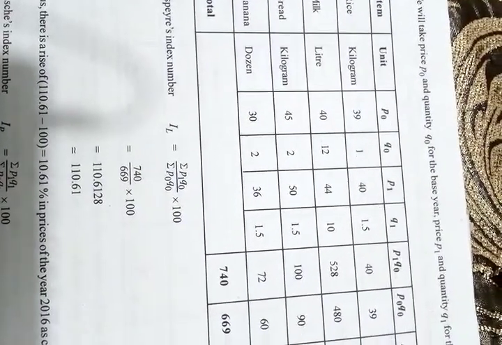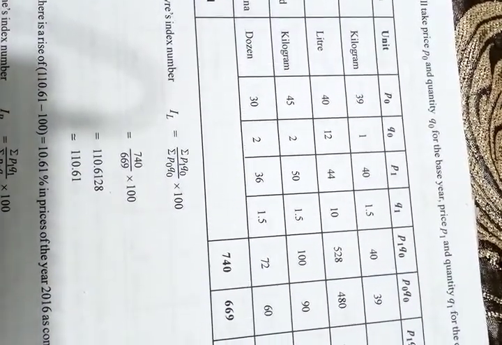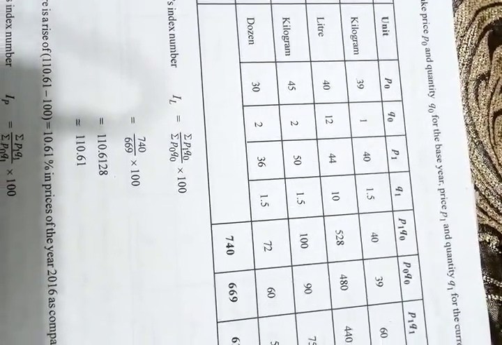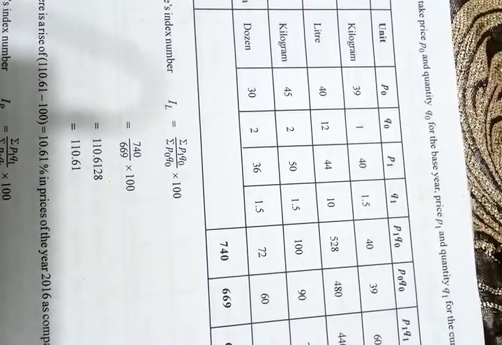Now the Laspeyres formula, IL is equal to, as we have seen, sigma P1 Q0 upon sigma P0 Q0 multiplied by 100. Therefore, what do you have to pick up?